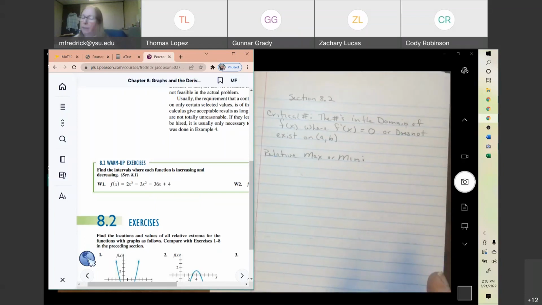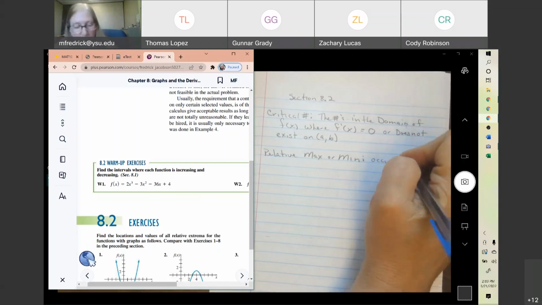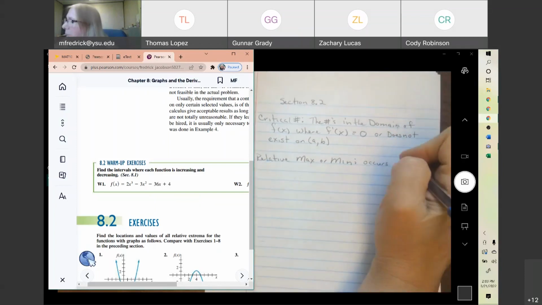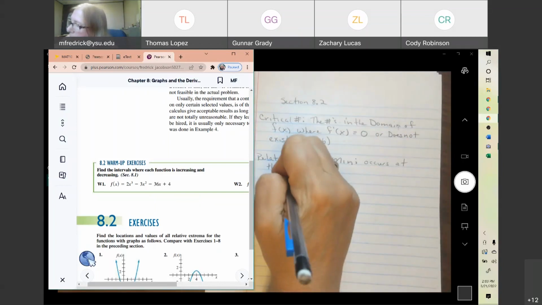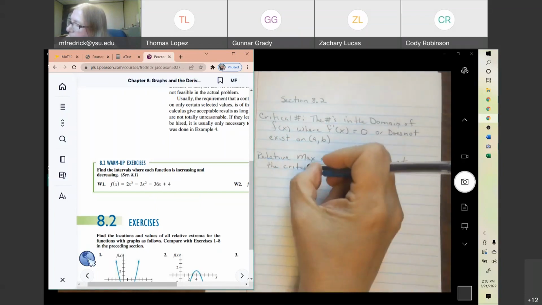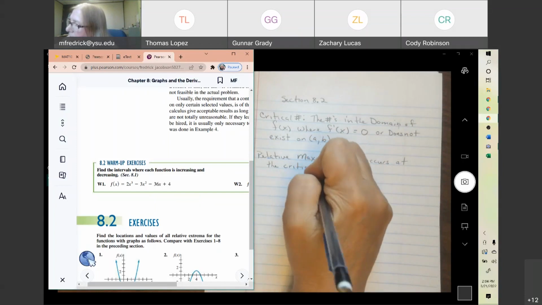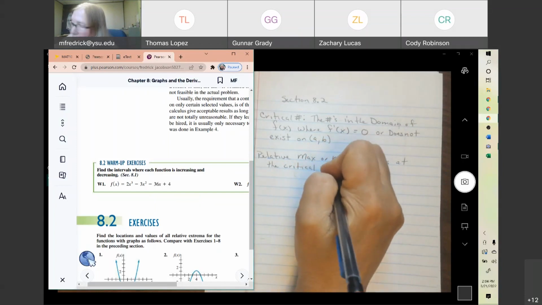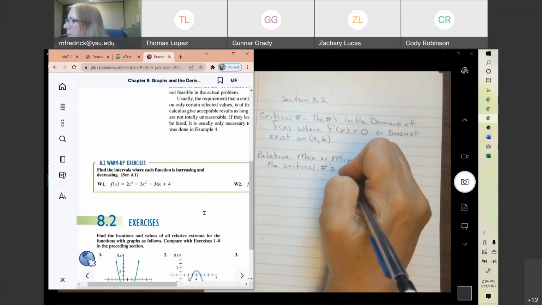A relative max or min occurs at the critical numbers and the endpoints.